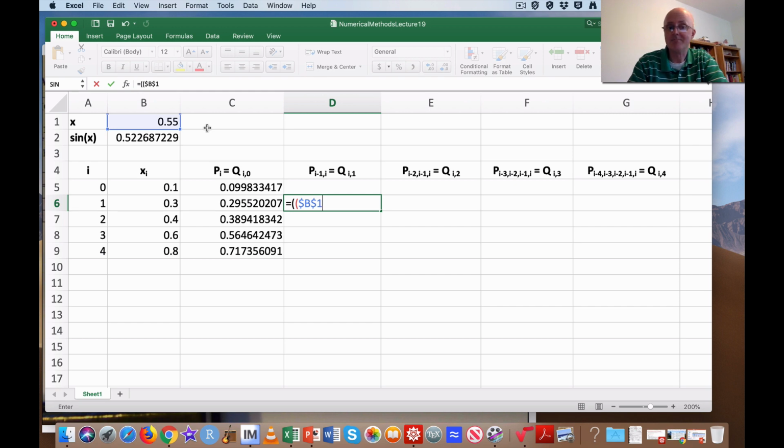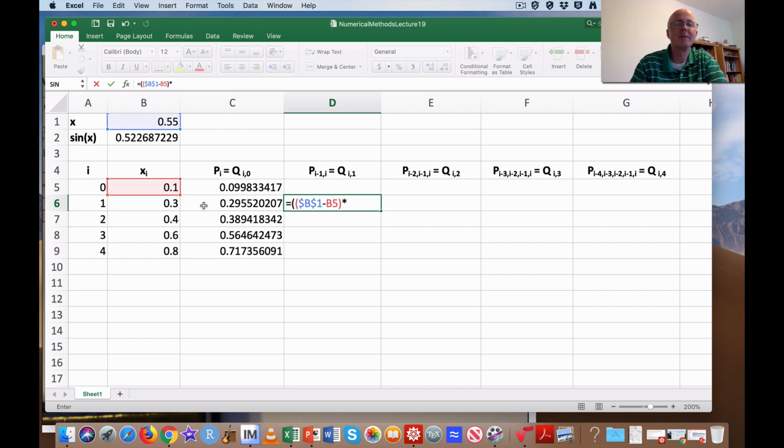So this is X minus, remember the method, we got to take x0 in this case. We're talking about P01 in cell D6 here. X0 without dollar signs, because I want that to get updated as I click and drag the formula downward to being a B6, then a B7, then a B8.